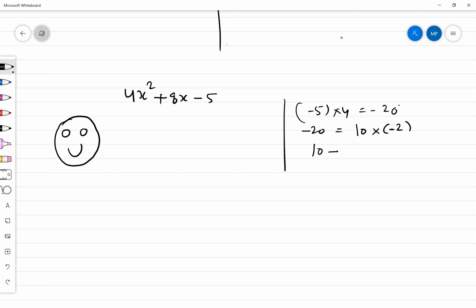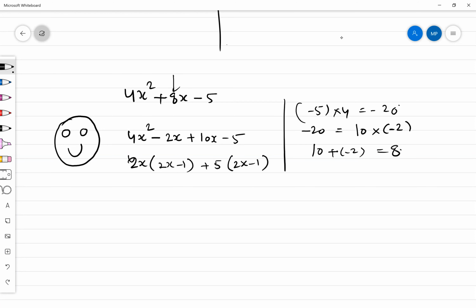So 10 plus minus 2 gives me 8 here. So my factors are 4x square minus 2x plus 10x minus 5. I can write it whatever way I want. So I can take 2x common, so I am left with 2x minus 1. Now again, I can take 5 common, 2x minus 1.